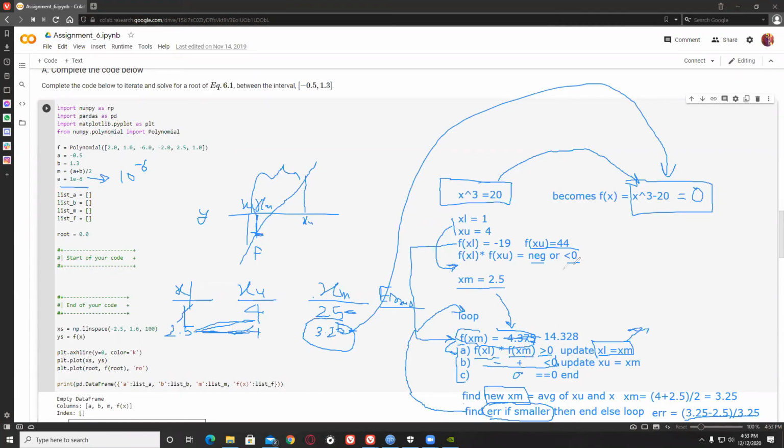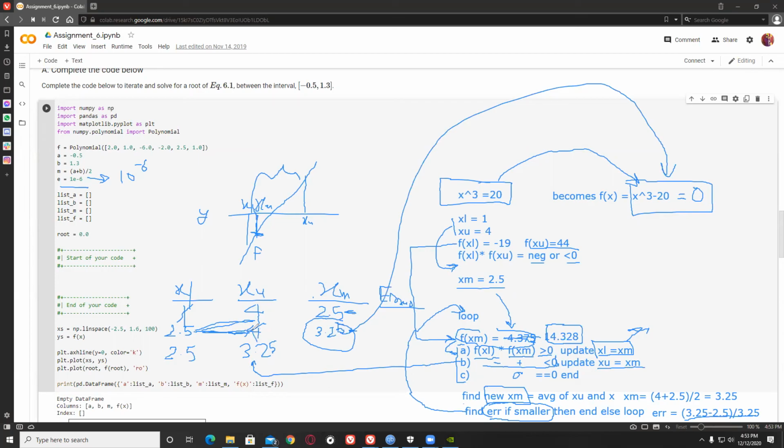And then it is easy to see that this is a positive value, and that is why xu will be updated. So the new xu will be 3.25, and the old xl will stay the same, as option B will be implemented here.